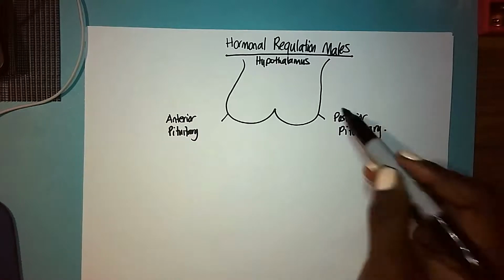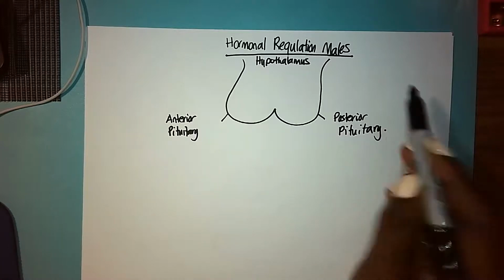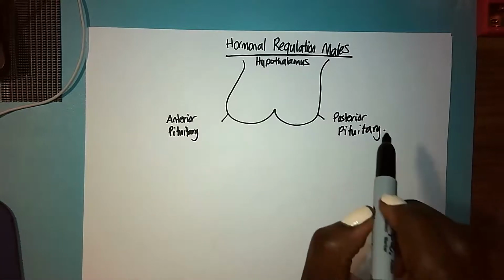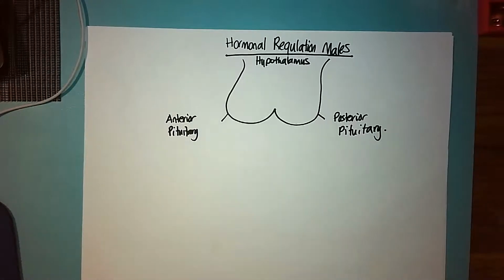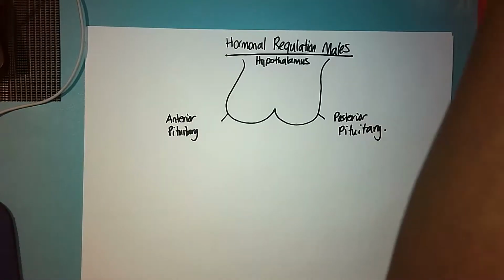And just to remind ourselves, the posterior pituitary, this is what secreted antidiuretic hormone as well as oxytocin. Okay, the anterior pituitary secreted all of our other trophic hormones, TSH, FSH, LH, growth hormone, all of the hormones that we described in the endocrine system, and one of them being, or two of them being here, FSH and LH. Okay, FSH and LH.